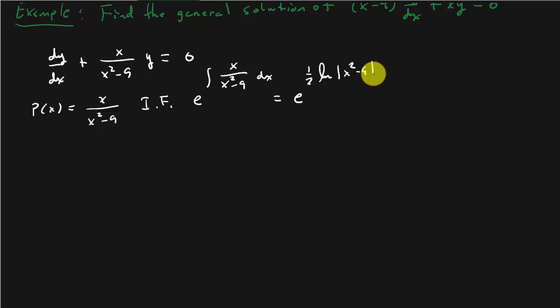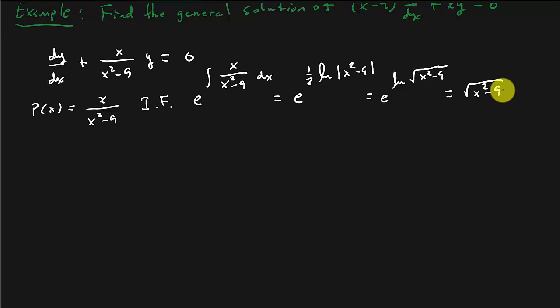Which is going to be e to the natural log of x squared minus 9 raised to the 1/2, which is the same thing as the square root. And so that's the square root of x squared minus 9.